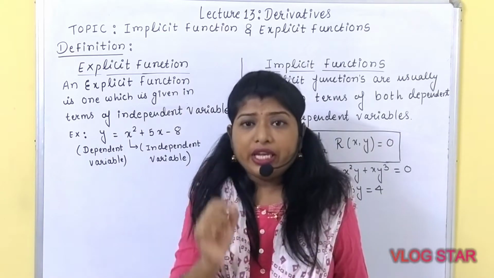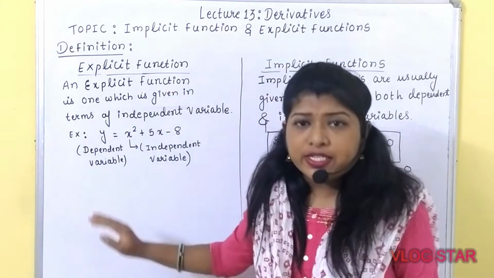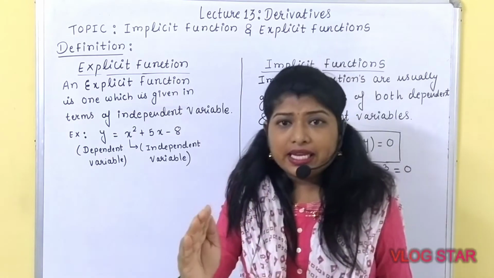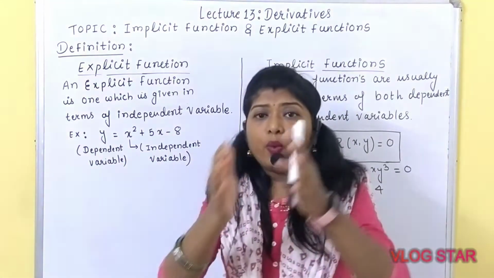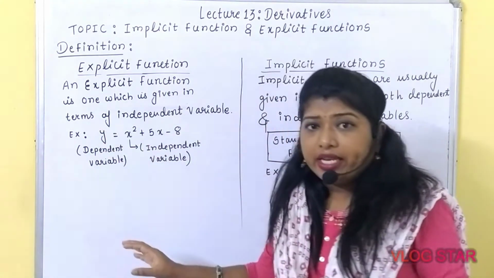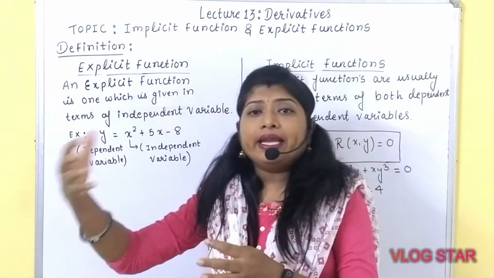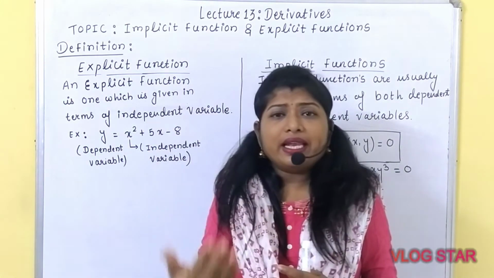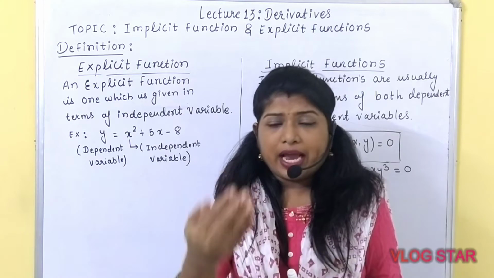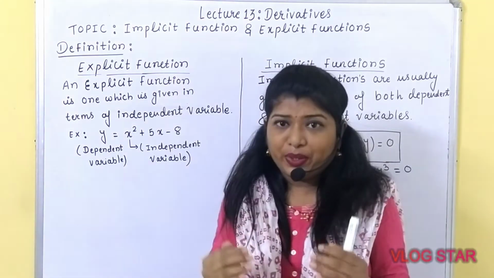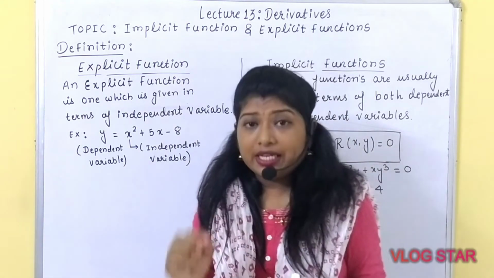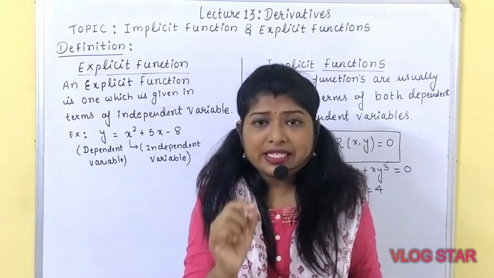If the given equation is in this format, y is equal to f of x, where y is the dependent variable and x is the independent variable, you can easily take the derivative of y with respect to x. That function is called an explicit function.